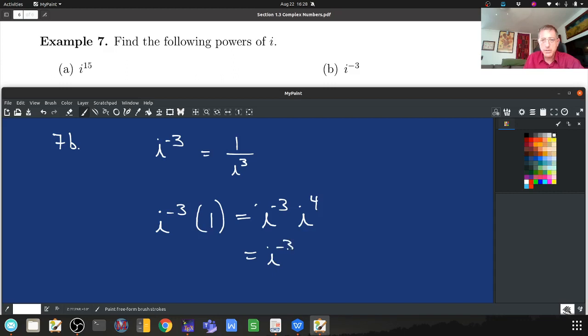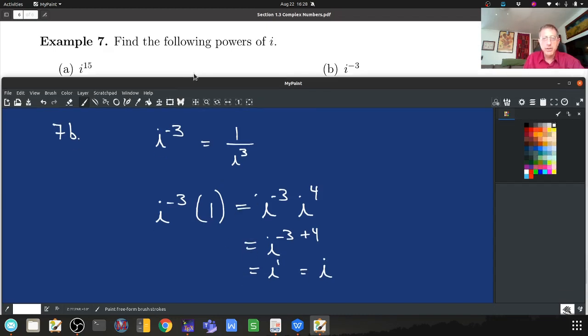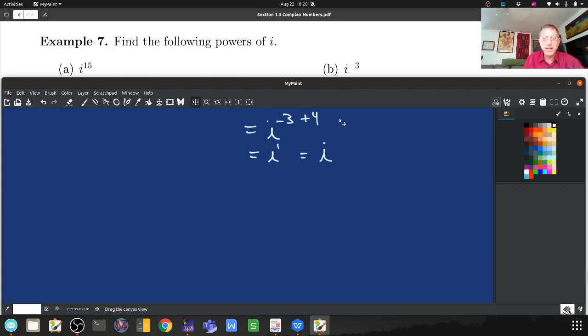That's minus 3 plus 4, so that's equal to i to the 1st power, which is just equal to i. So what you want to do here, when you have i to a negative number, is, let me make up another example.